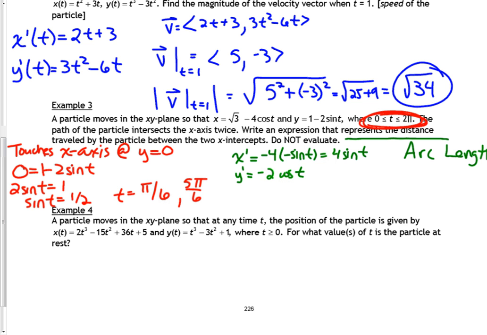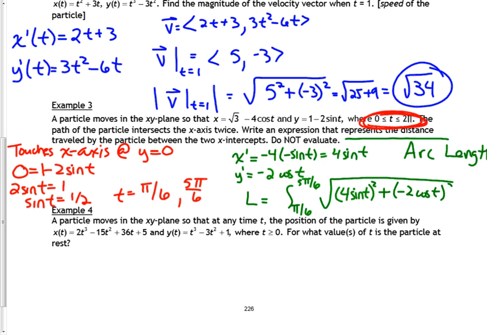And then to find my arc length, I'm going to do the definite integral between the two x-intercepts, the square root of 4 sine t squared plus negative 2 cosine t squared dt. And again, I was just asked to do the setup. I was not asked to evaluate, so I am finished right there.